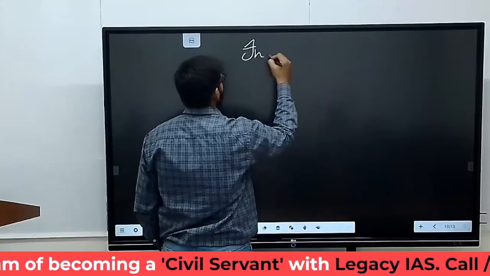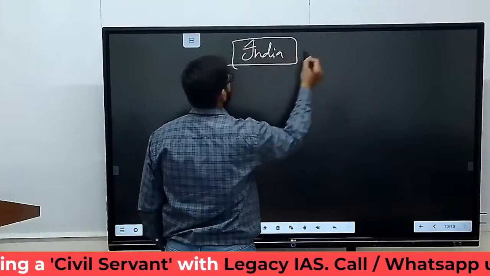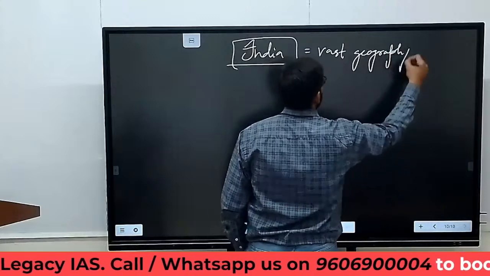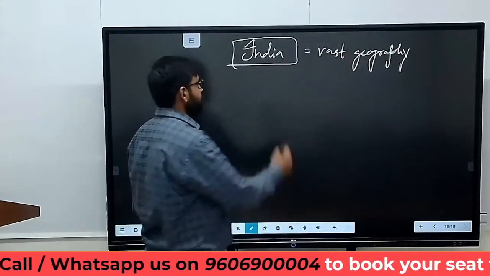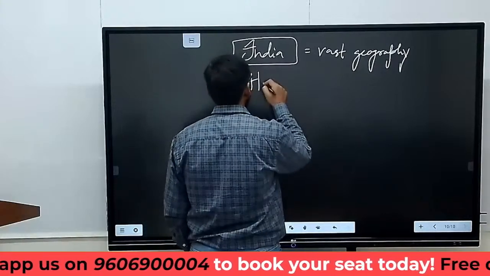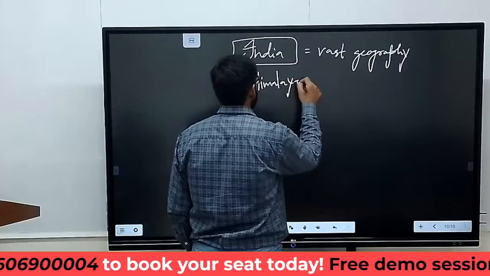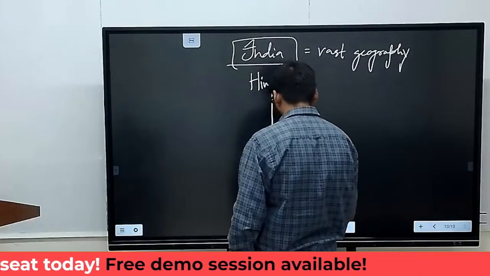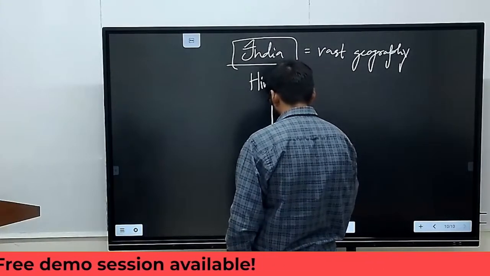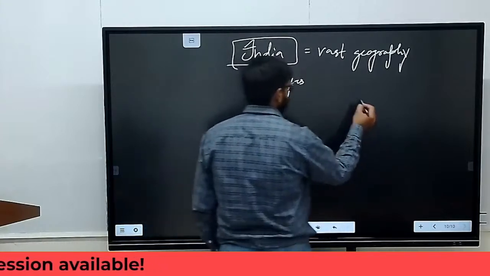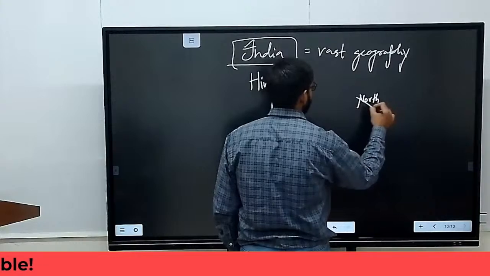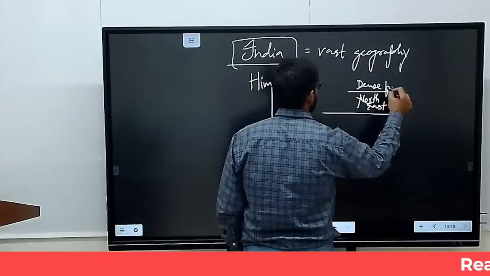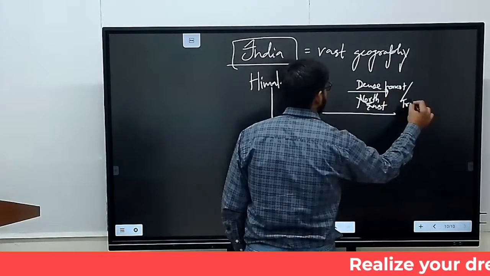Now, if you see India as a vast geography. Vast geography means from the Himalayas till South India. That means oceans, northeast, a region of dense forest, always a region of tribals also.